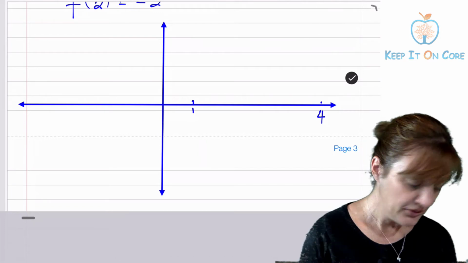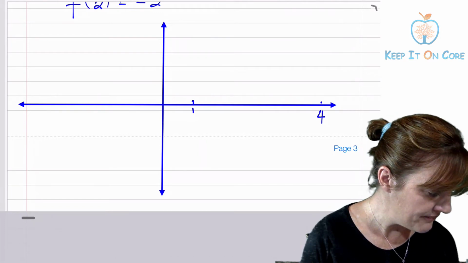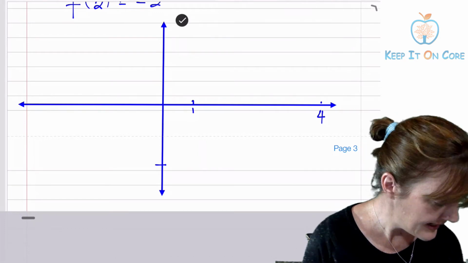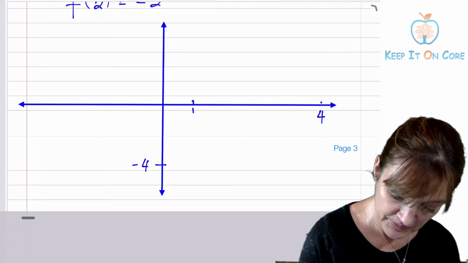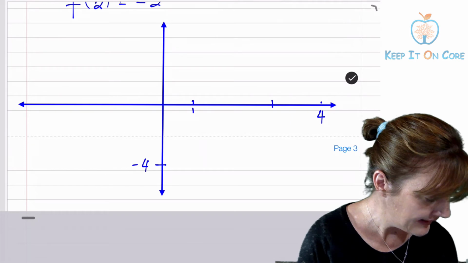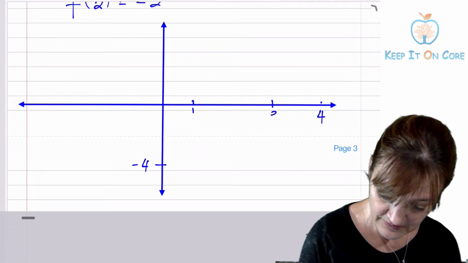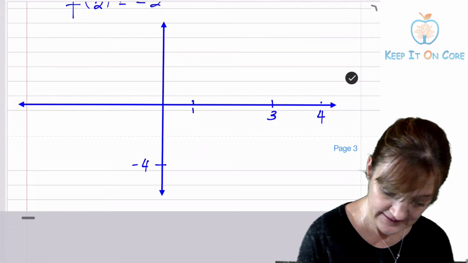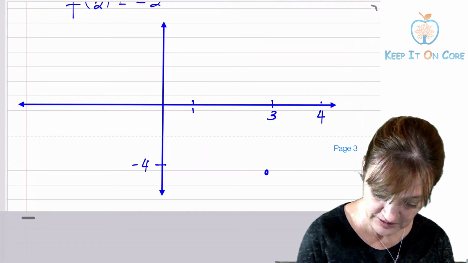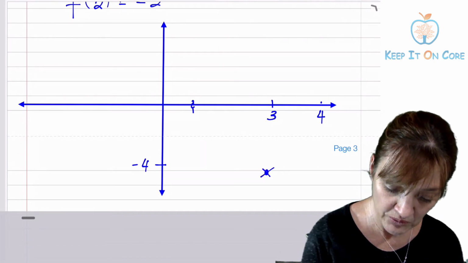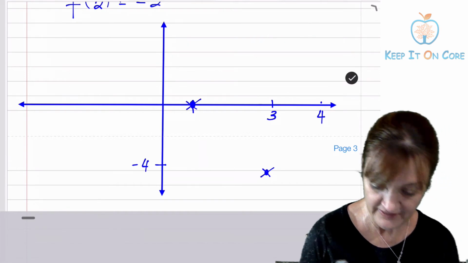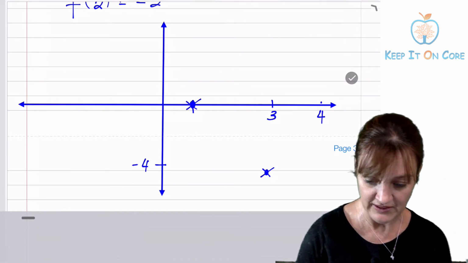All right. We knew that we had a y-intercept at negative 4. We had a turning point of 3 and negative 4, so that was a turning point. So I'm actually going to mark a turning point with a little x over there. We also had a turning point at 1 and 0, so that's another turning point we had over there.